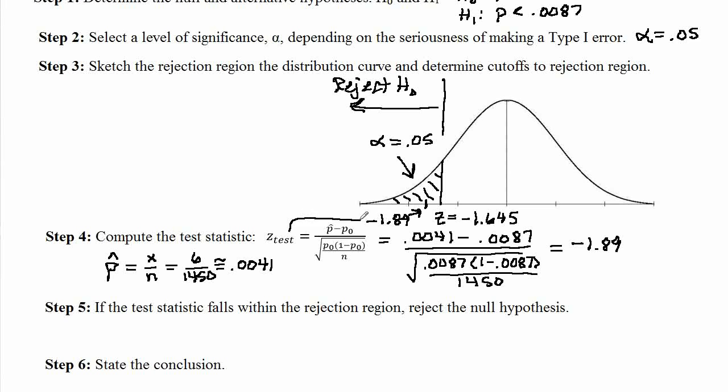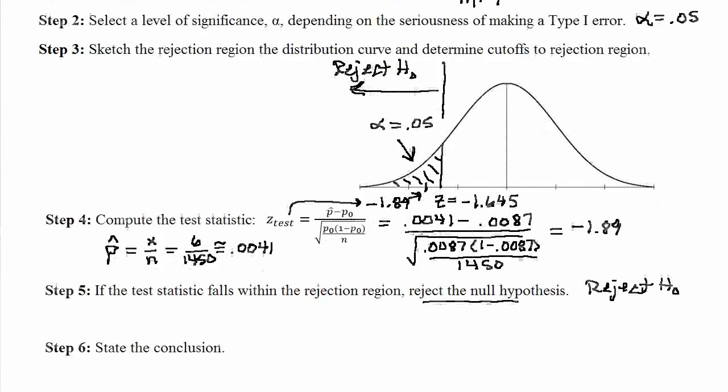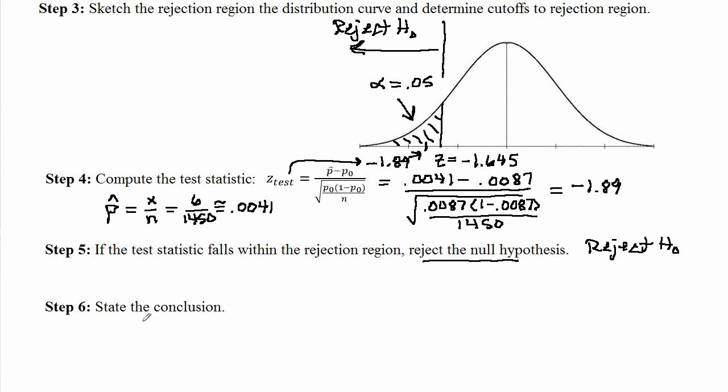Okay, I'll just use an arrow there. And so our test statistic does fall in the rejection region. So if the test statistic falls within the rejection region, we reject the null hypothesis. Okay, so we are going to reject H0, reject our null hypothesis. Lastly, we want to state our conclusion.